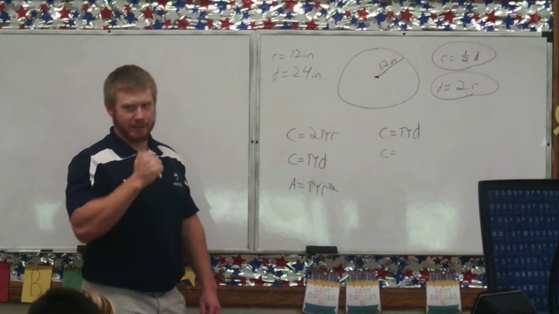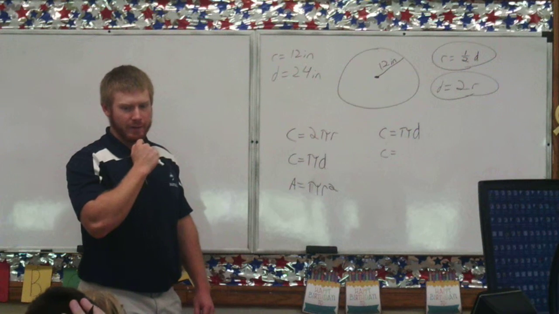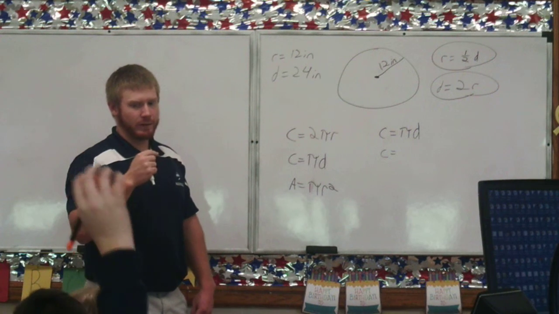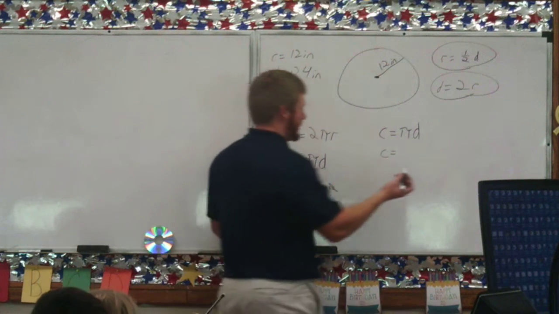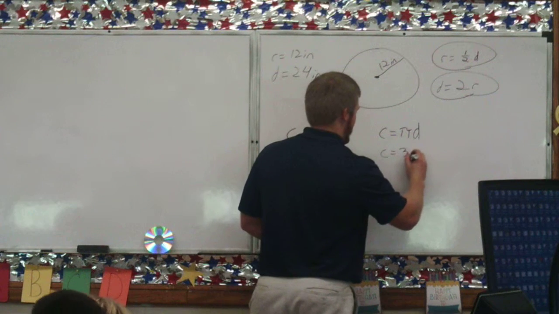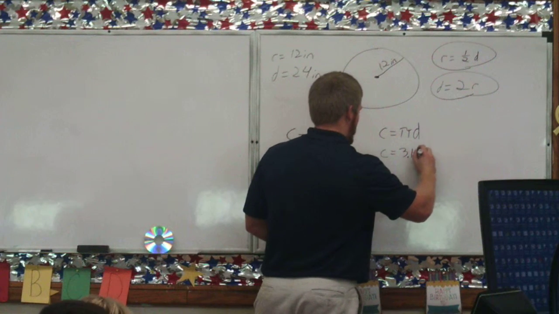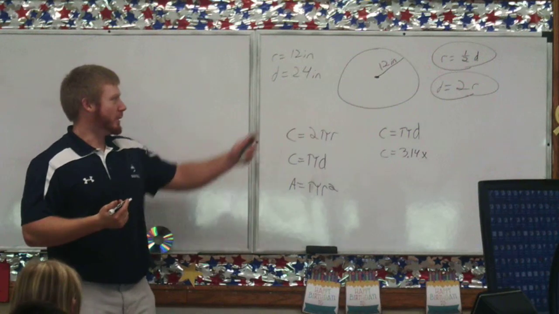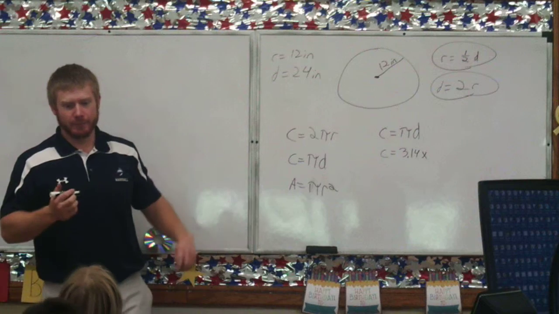The approximation that we talked about yesterday. No, the number. 3.14. So 3.14 times our diameter. What's our diameter in this problem? 24, right?